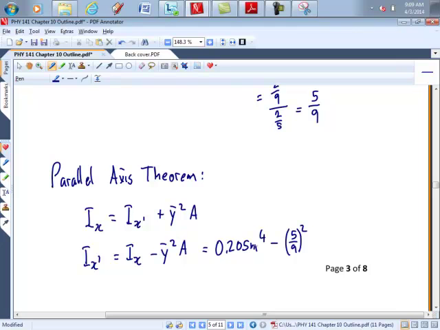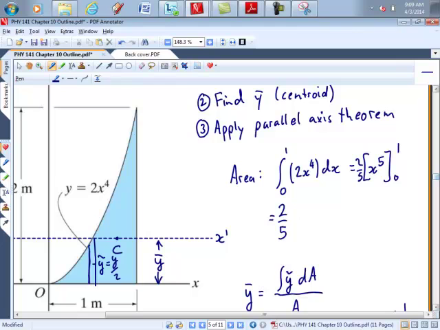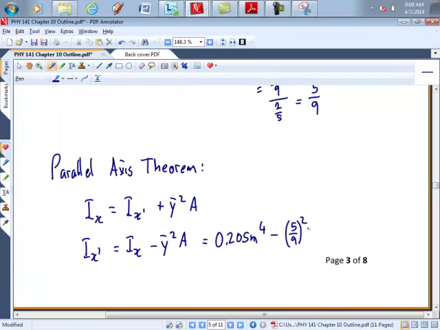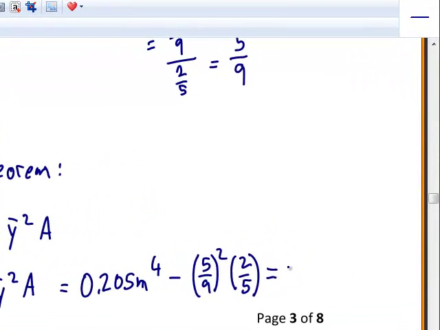Five over 9 times my area, which was 2/5. 0.0817 meters to the fourth.